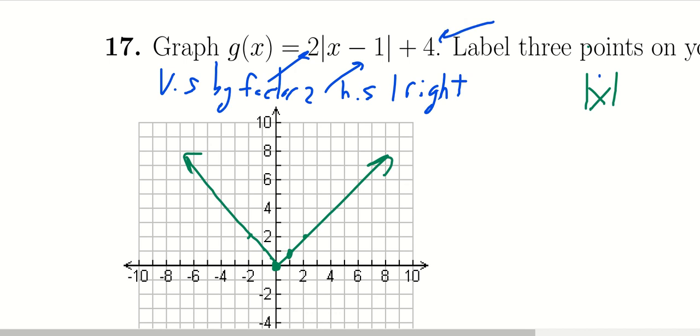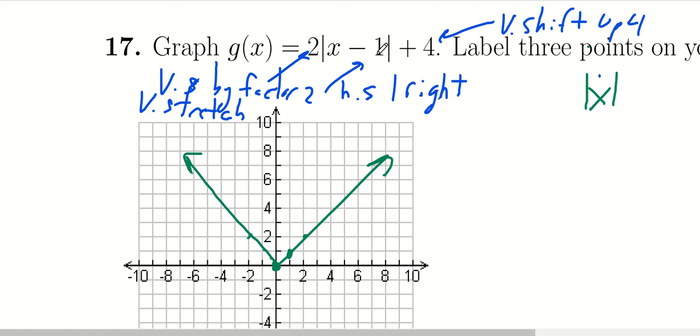Shift and stretch both start with the S. So vertical stretch by a factor of 2. And then we have a vertical shift up 4 units. So again, if it helps, let's do these in pieces.